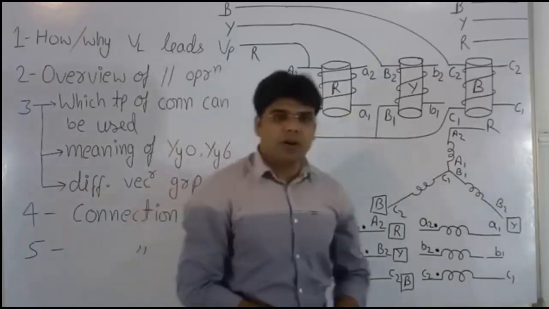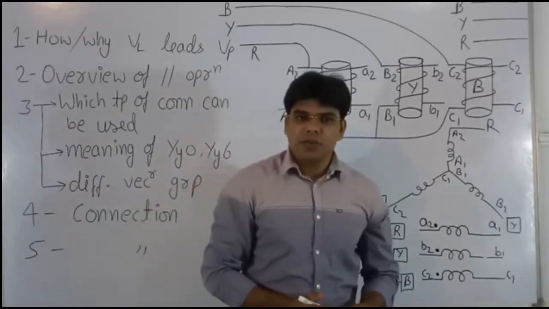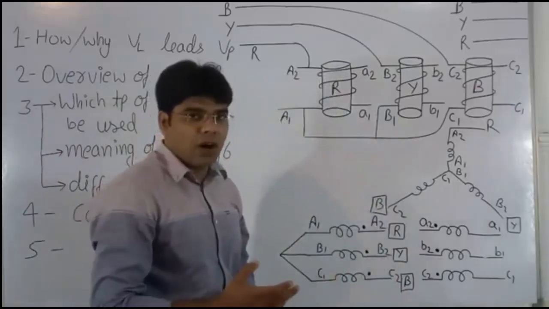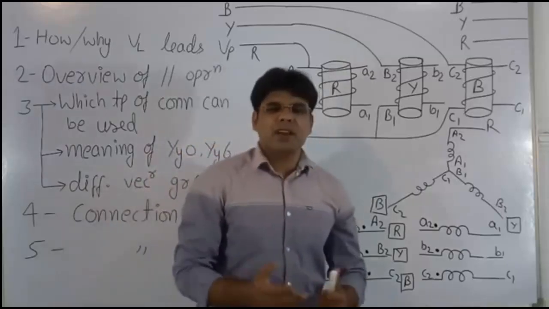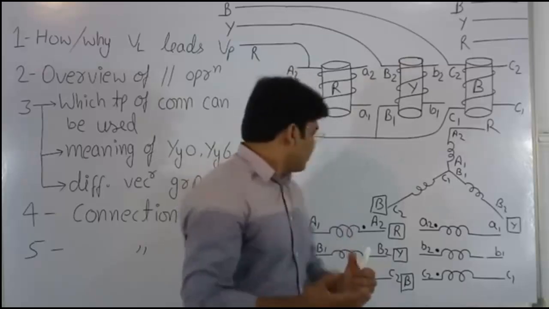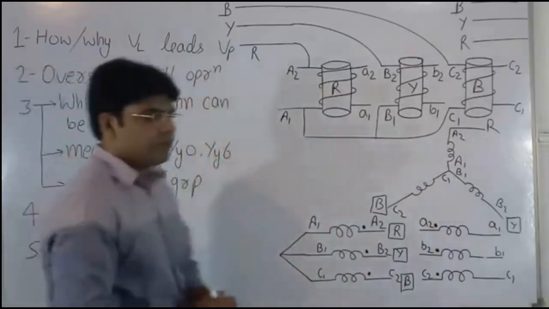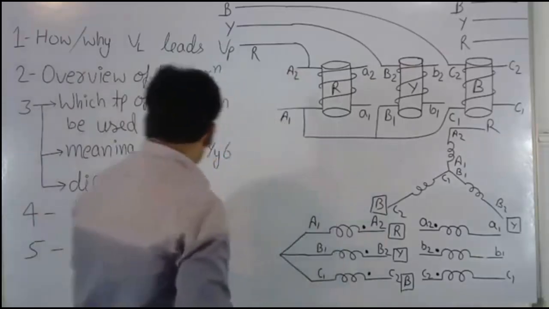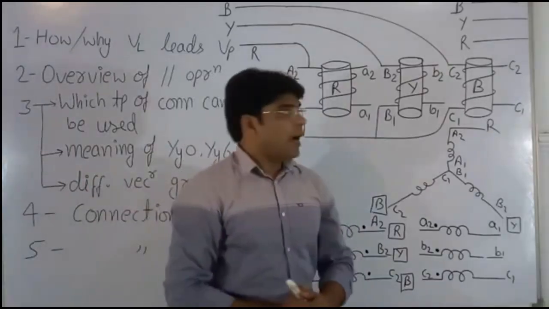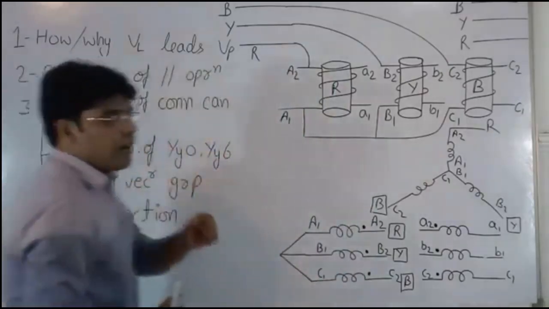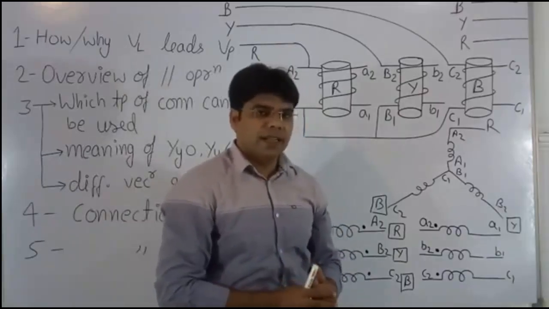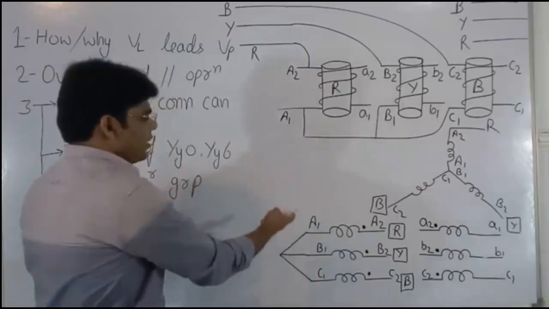It is so because if some student knows the basic points already, or is not interested in the basic points and wants to learn connection only, then he can go to this part directly. But I am giving the basic points for those students who want to know the reason why we need to study this topic.